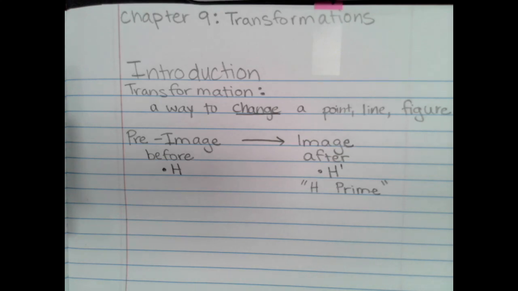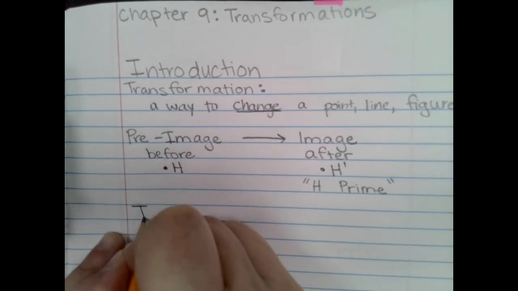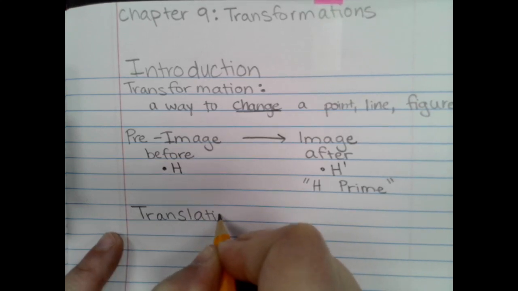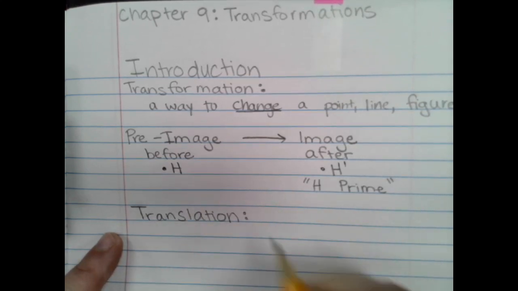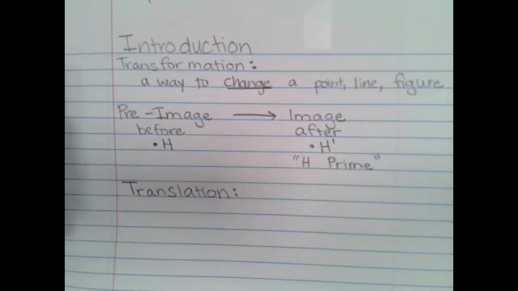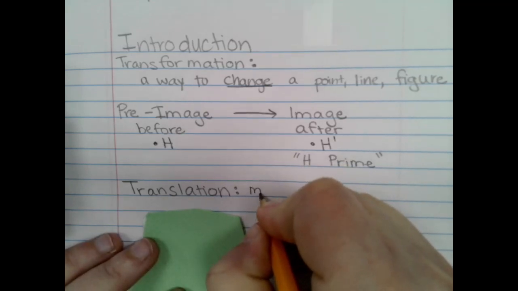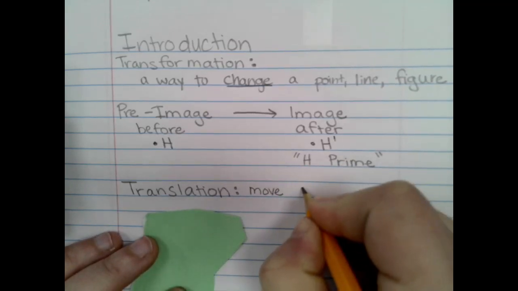All right. So to start off with, let's talk about a translation. Translation and transformation kind of look the same, so it's a little hard to know sometimes the difference between those two. A translation means to move in one direction.